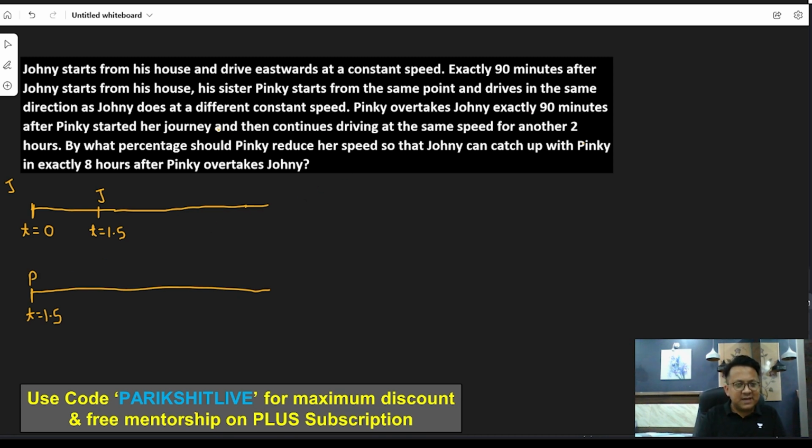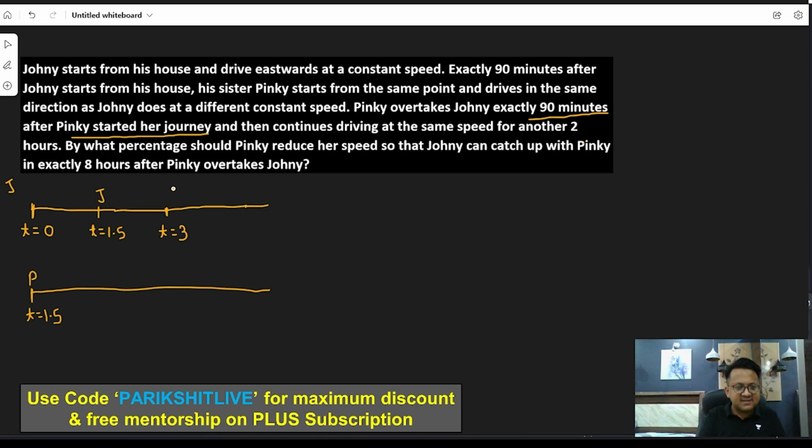And then Pinky drives in the same direction as Johnny does at a different constant speed. Pinky overtakes Johnny exactly 90 minutes after Pinky started her journey. So 1.5 hours later Pinky started, and another 1.5 hours later, so basically t is 3 hours from the start.